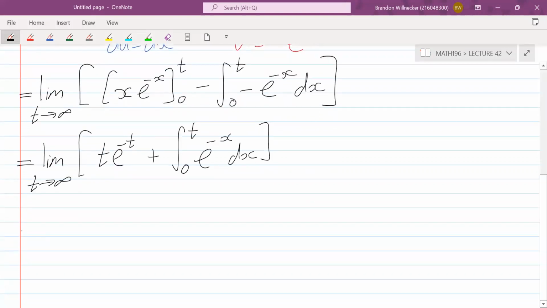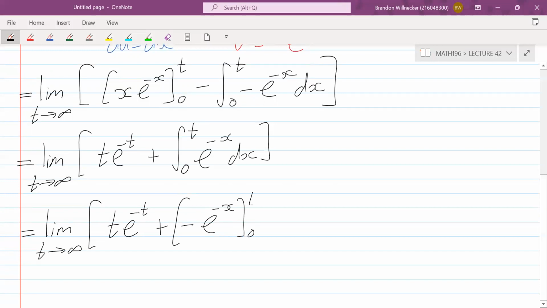So let's do that integral now. We have the limit as t goes to infinity of t e to the minus t plus, and now this is going to be minus e to the minus x from 0 to t. Same thing, we just need to substitute in.